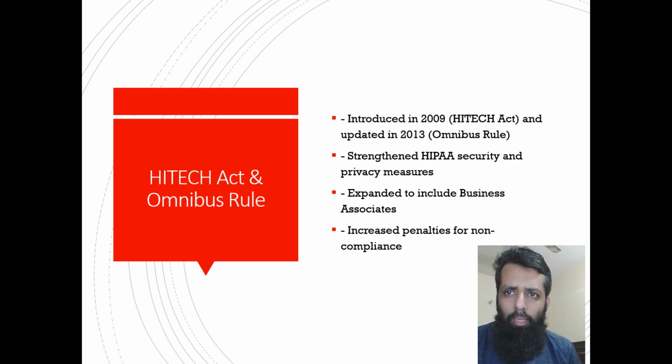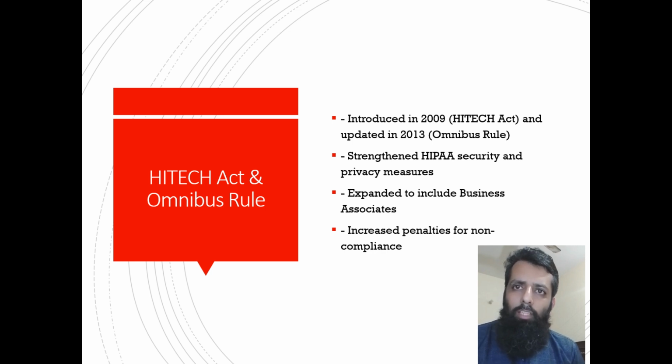In 2009, the HITECH Act was introduced to strengthen HIPAA protection, particularly for electronic health records. The Omnibus Rule added in 2013 expanded HIPAA to include business associates and added stricter penalties for violations.